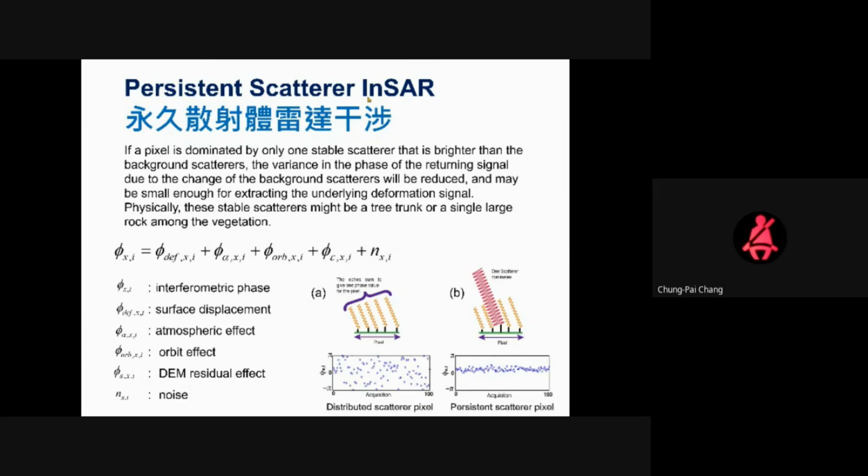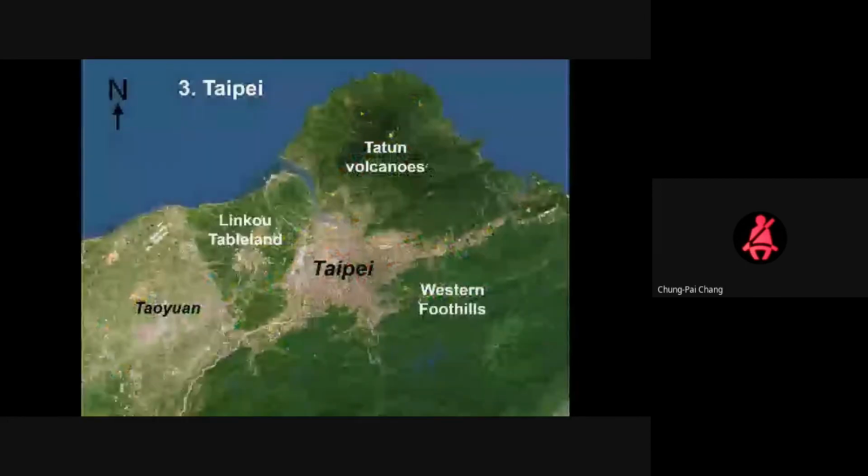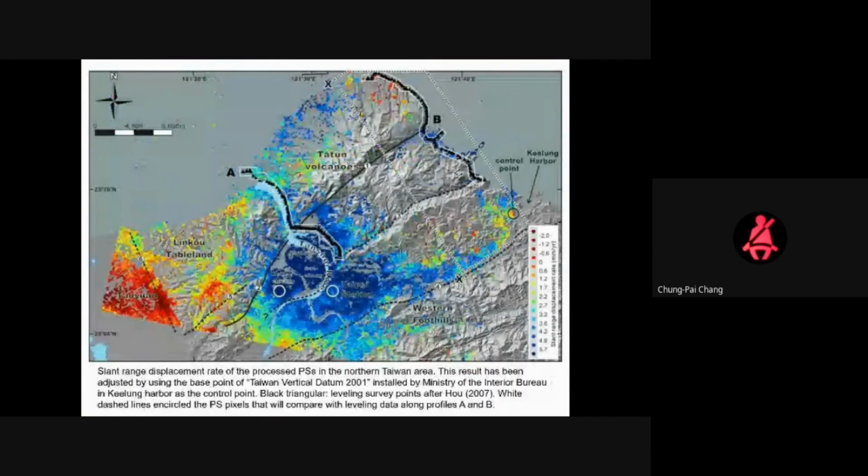Physically, this persistent scatterer can be a big rock, an electric tower, or an isolated house in the mountain. So we just use these pixels to calculate the deformation. Let's see the result. This is our result. You can see still from the mountainous area, we can see many points.